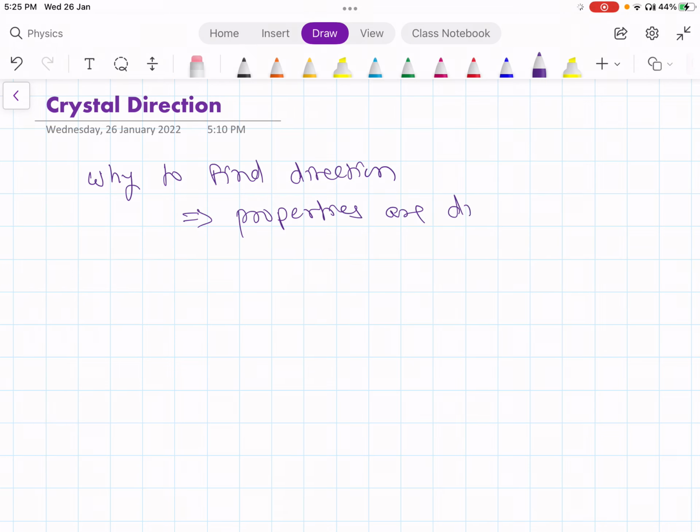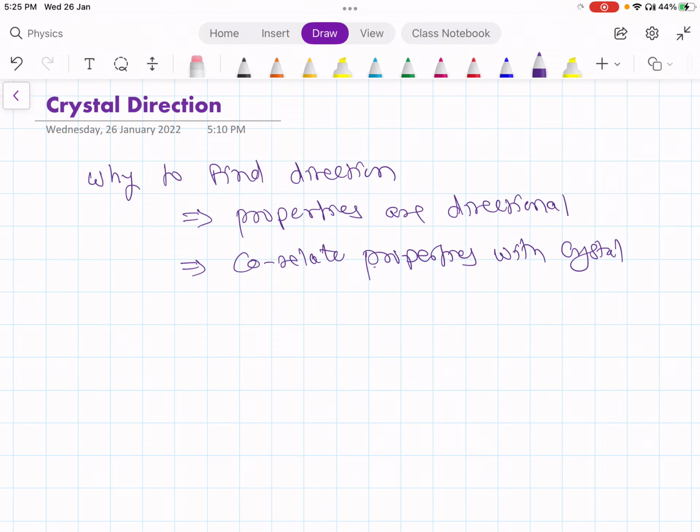And to correlate these properties with crystal structure, you need to find crystal direction. So there could be many directions just like planes, and so we have to find Miller indices of the direction.